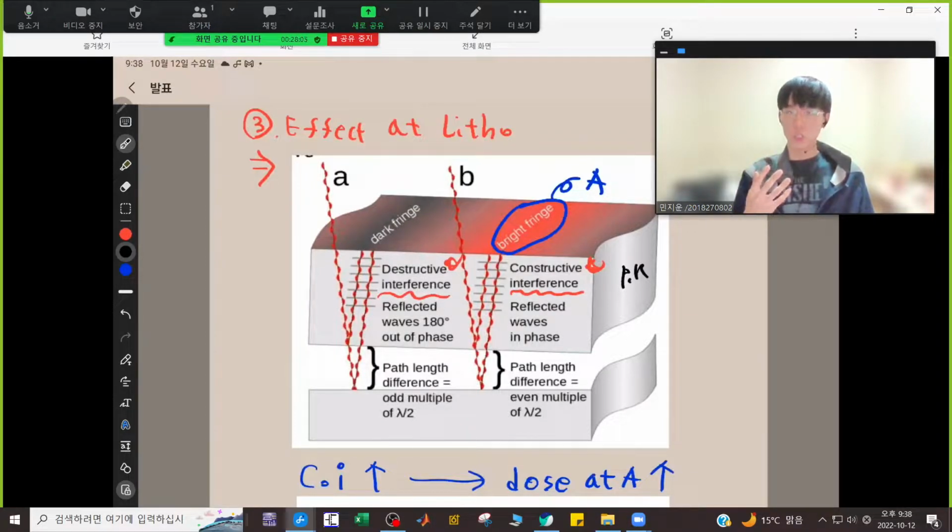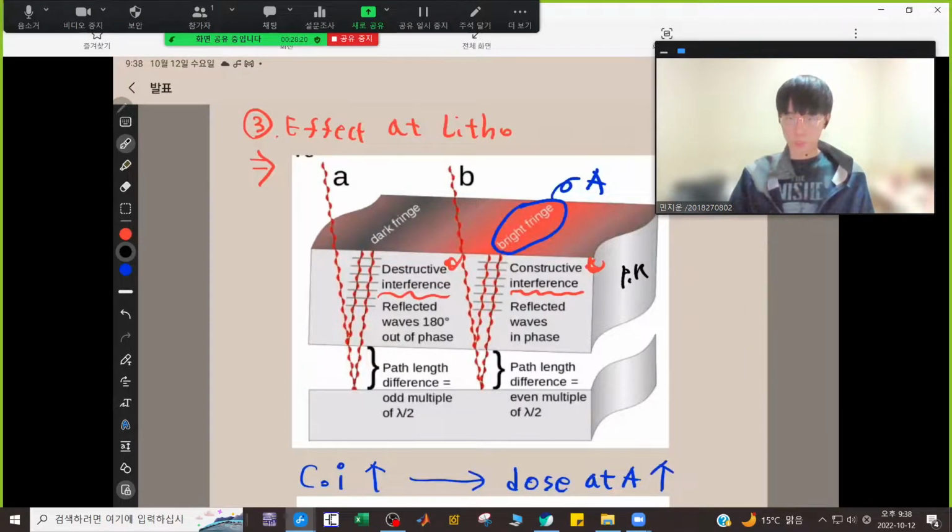The dose is how much light is exposed to region A, and also how long the exposure time at region A is.